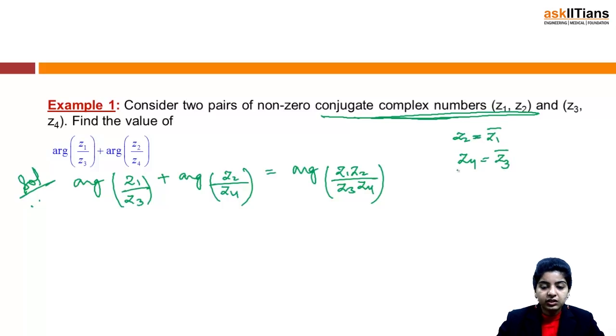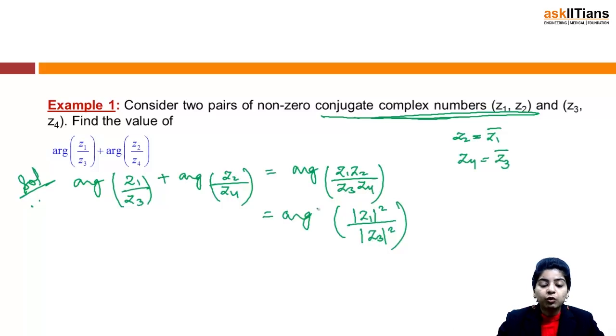So I can write it as mod z1 square by mod z3 square. How do I get this? Since z2 is z1 bar, this becomes z1 z1 bar, which can be written as modulus of z1 square, and similarly z3 z3 bar can be written as modulus of z3 square.